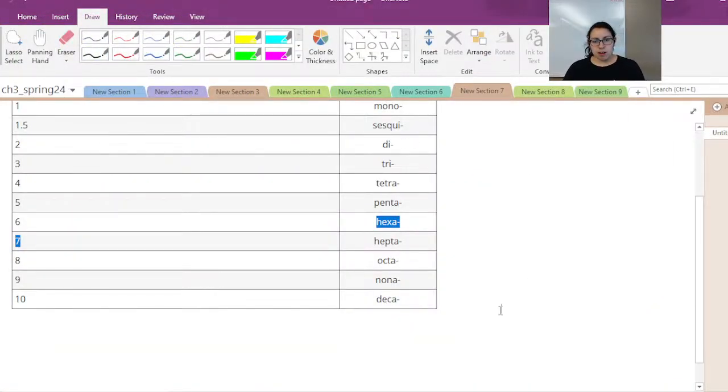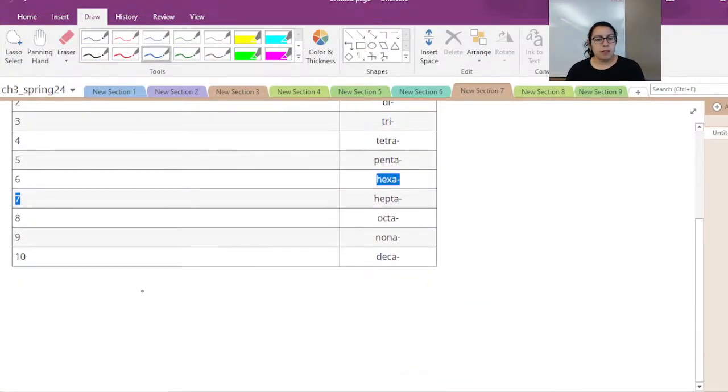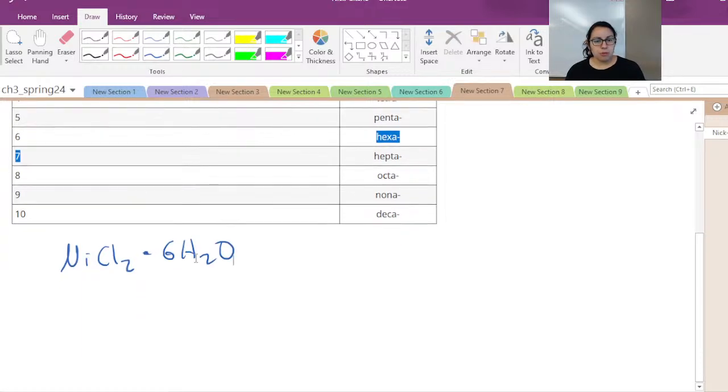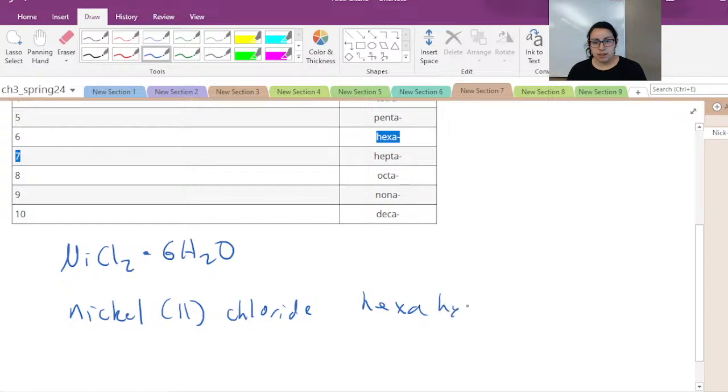There are many other compounds like this, so we can practice naming. We want to be able to either write the formula or, of course, write the name. So nickel, still 2 chloride, but now we just add hexahydrate.